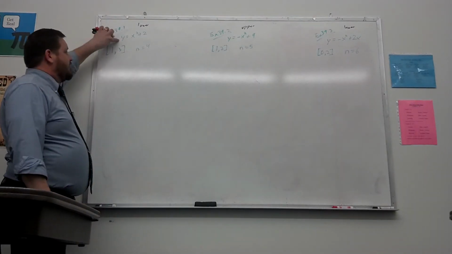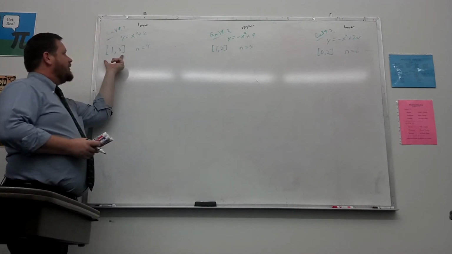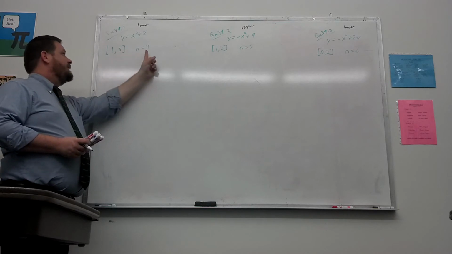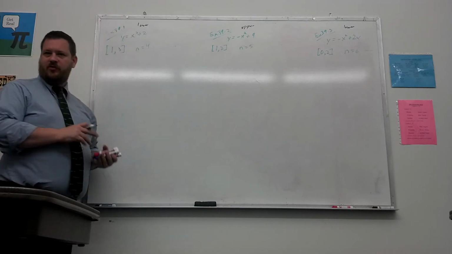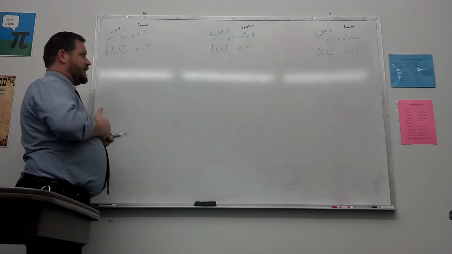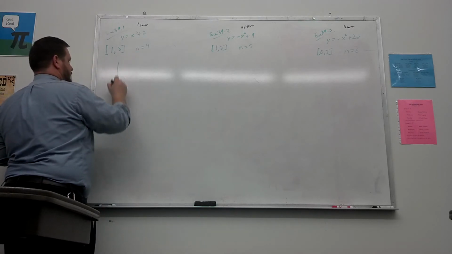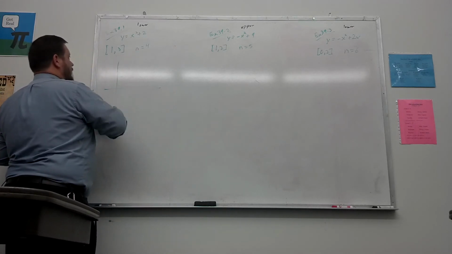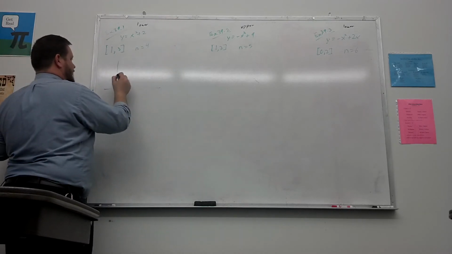So if we have this curve here, y equals x squared plus 2, on the interval from 1 to 3, we want to divide it into 4 equal width rectangles and find a lower sum to approximate the area. It's always good to have an idea of what things look like. So y equals x squared plus 2 is a basic parabola shifted up 2 units.